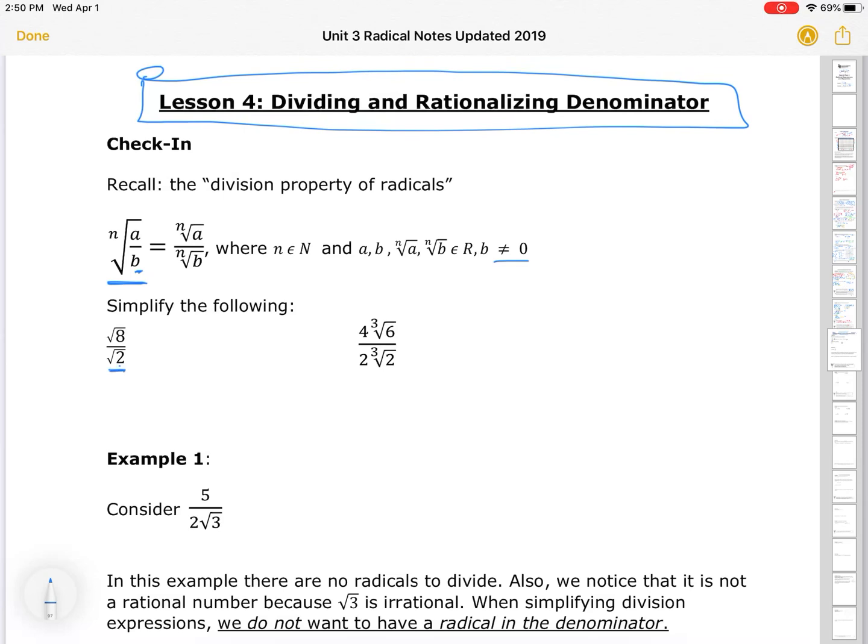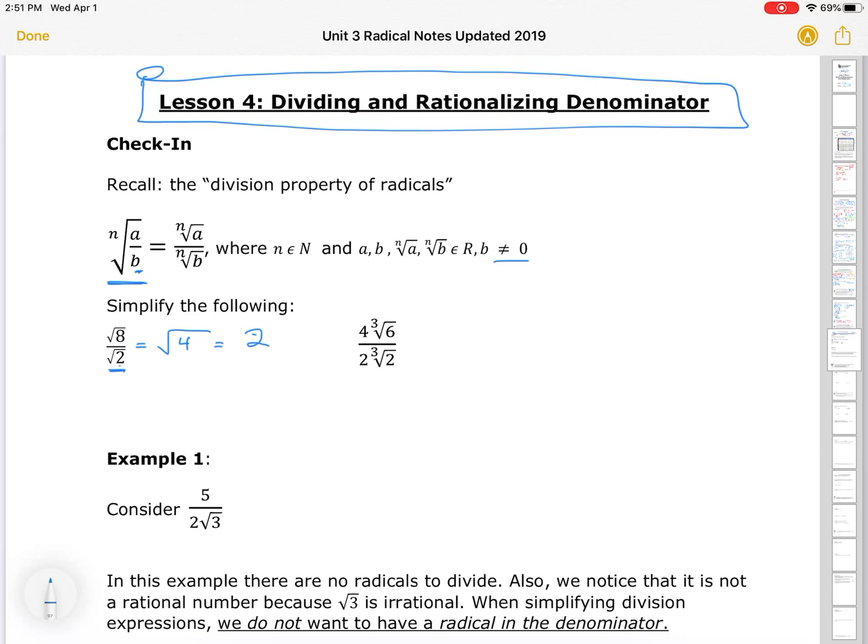So simplify the following. Because we have square root of 8 over square root of 2, and they're the same index for that root, we can just divide those two numbers. So this would be the equivalent of square root of 4, because 8 divided by 2 is 4, and we can solve for that value and get 2.